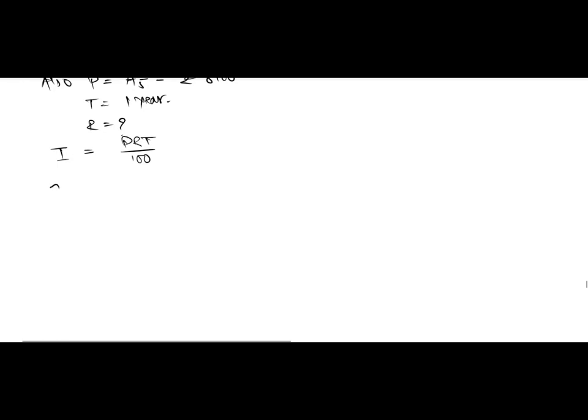Interest 648 is equal to 8,100 into R into 1 upon 100. So R is 648 divided by 81. I think 81 8s are 648, correct? So 8% is the rate. You found the rate.